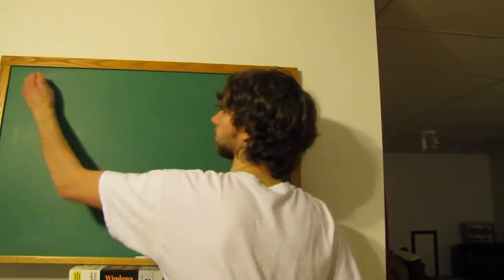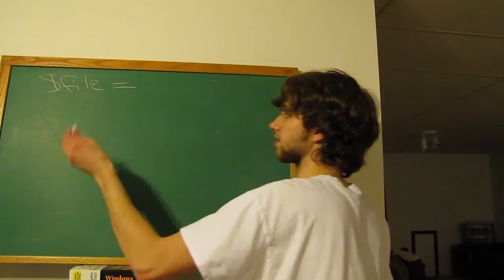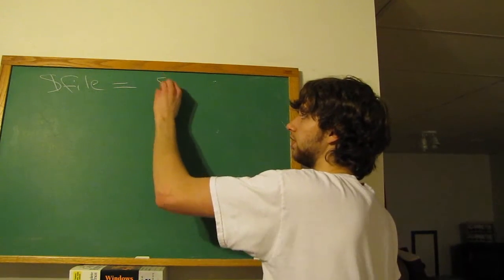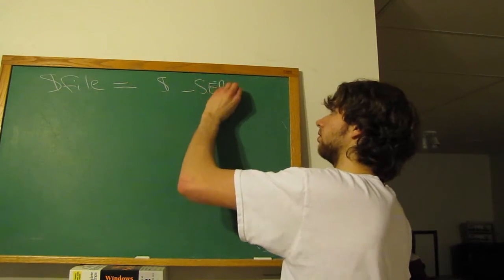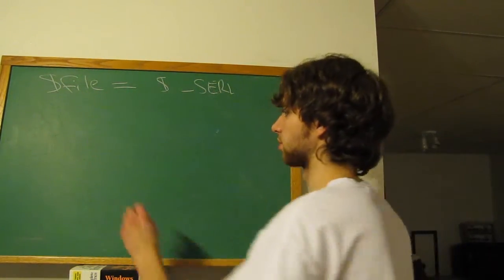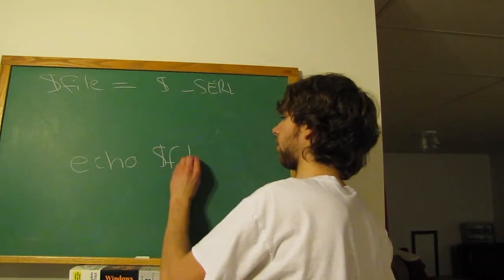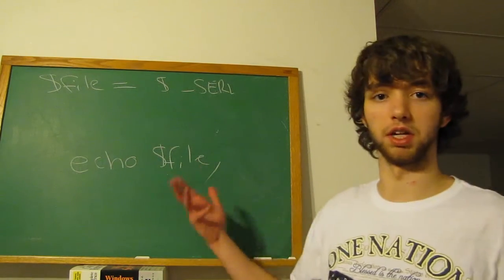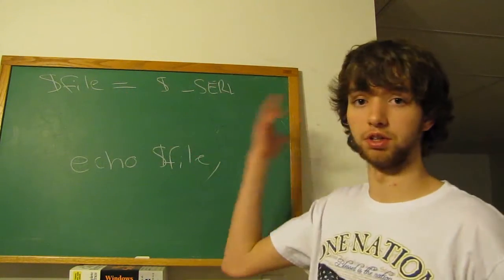We could say file, and then we could assign this the value of the variable server blah blah blah. You get the point. And then we can easily use the file variable, so we could be like echo file, and that's going to easily give us back the file that we're using, that we get from the superglobal array.